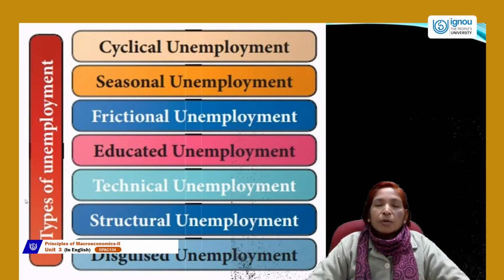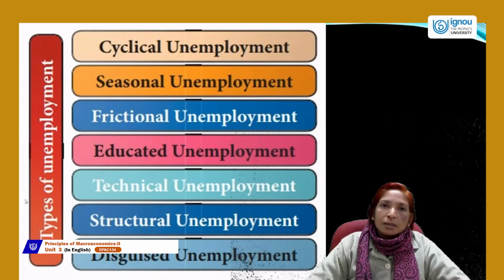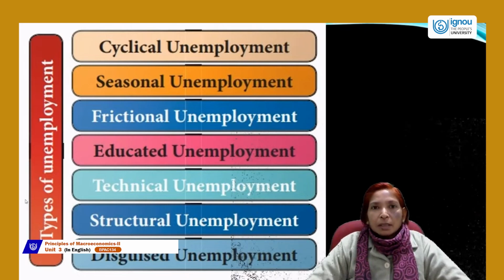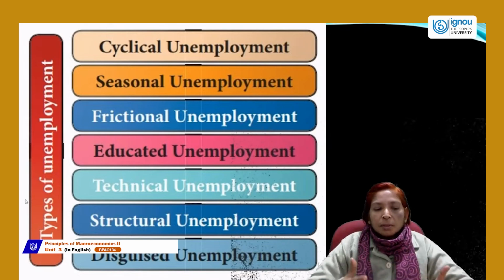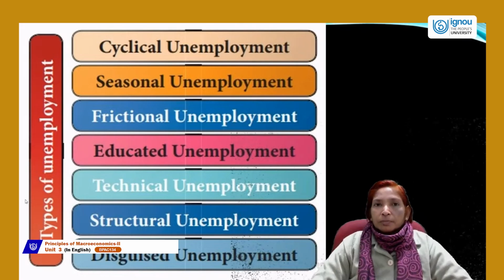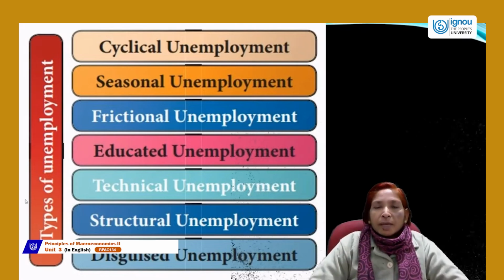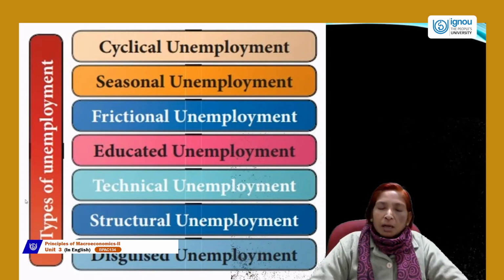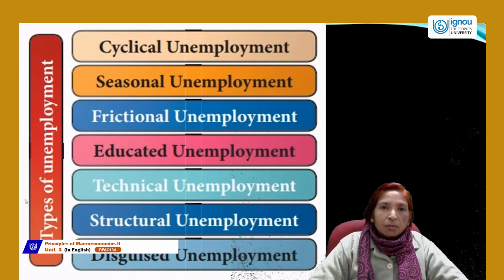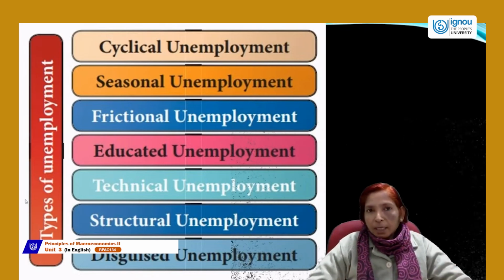Next is technical unemployment. You know that at present we are using modern technologies and modern equipment, advanced techniques, and technology is getting more advanced and better. Some people who resist this change remain unemployed. As you know, at present in each and every office, all work is done by computer or online.